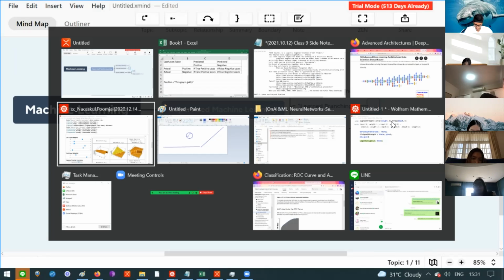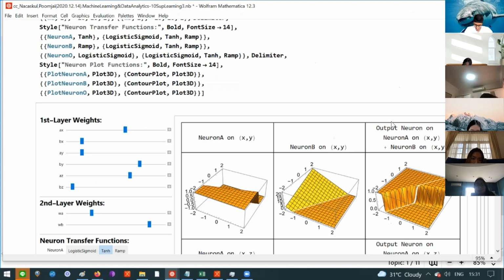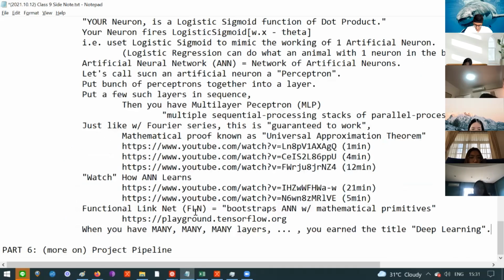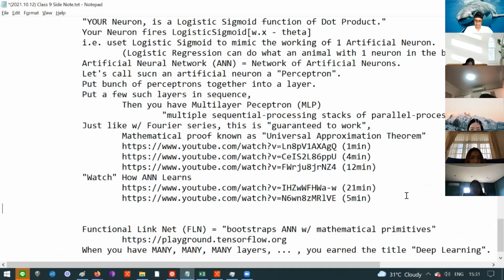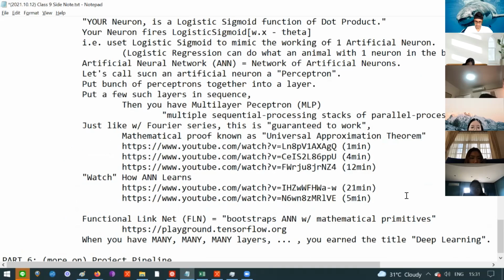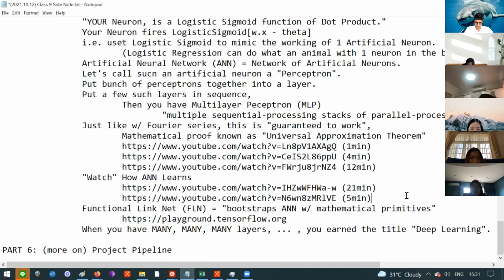Now, I want to show you one final thing, called the functional link net. Let's go back to the functional link net. Remember I told you that with enough neurons, you can create any kind of function, right?